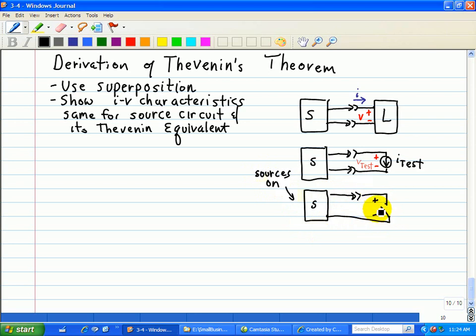So there's a plus and minus, and I test is off. When we do that, we have an open circuit voltage here. So our V test 1, due to all the independent sources from the source circuit, is given as V test 1 is equal to VOC for this circuit where the I test is off.